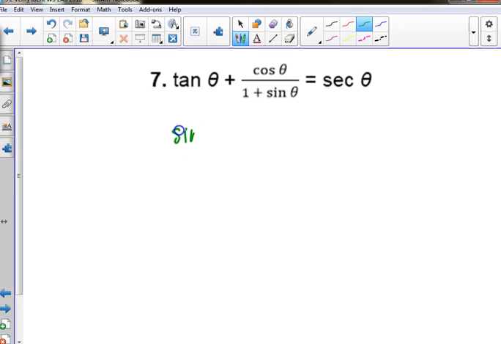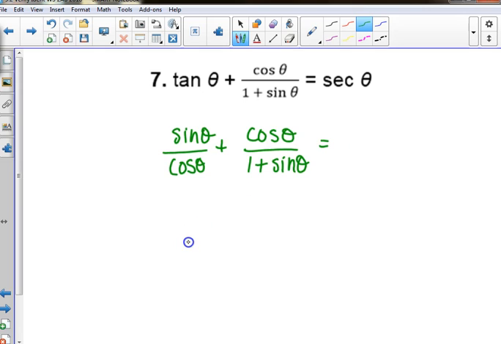This one is sine over cosine, right? Plus cosine over 1 plus sine. What do you want to do? Common denominator?